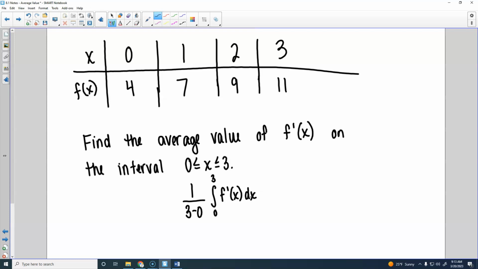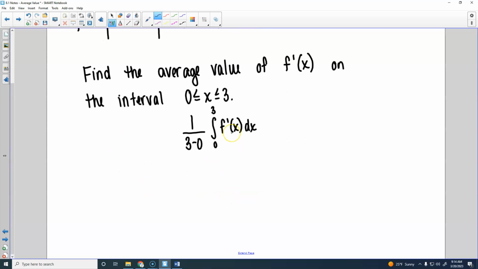Okay. When you integrate f prime, what do you get? F. So what's happening here is you got 1/3 times f of x evaluated from 0 to 3, right? Which is 1/3 of f of 3 minus f of 0, right?